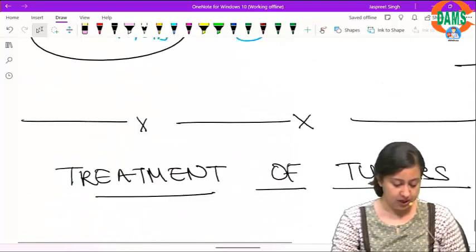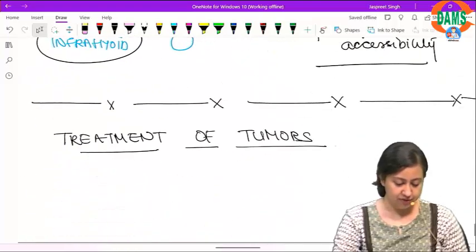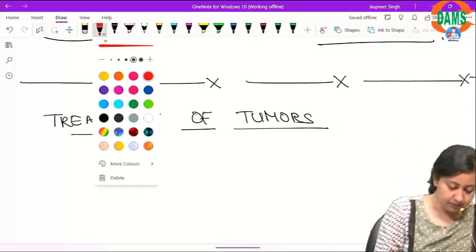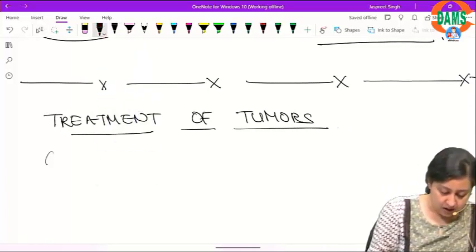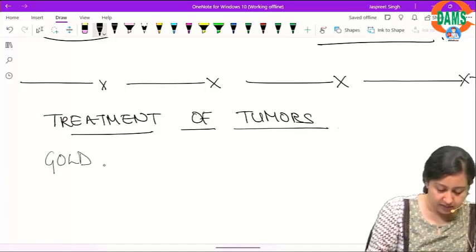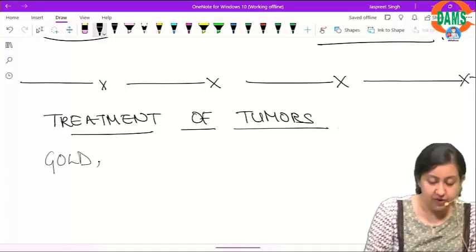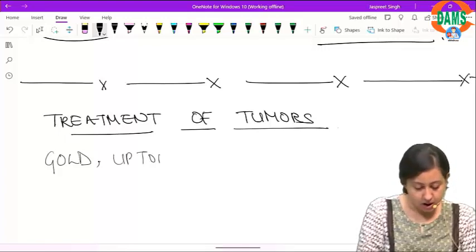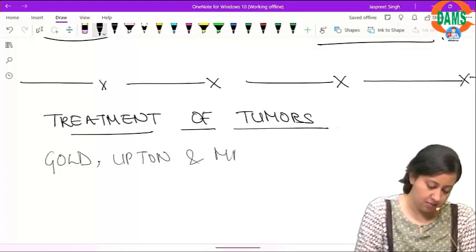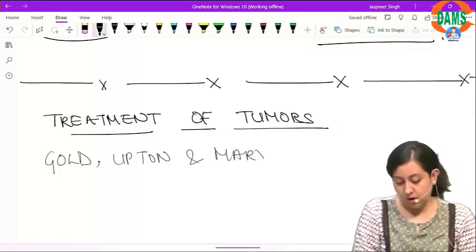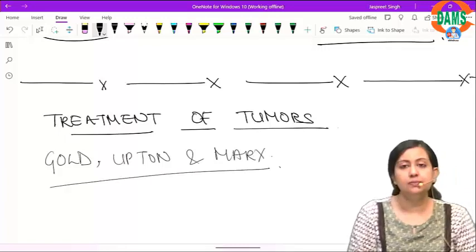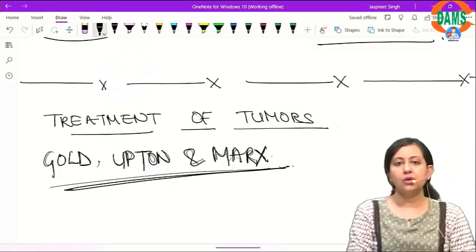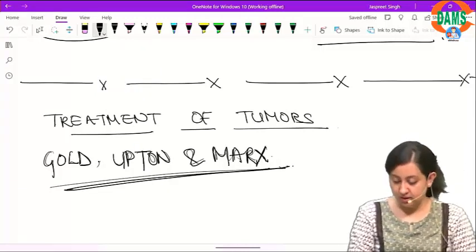Okay, we will now carry on with treatment of tumors. Now, there were certain criteria given by a few people known as Gold, Upton and Marx.